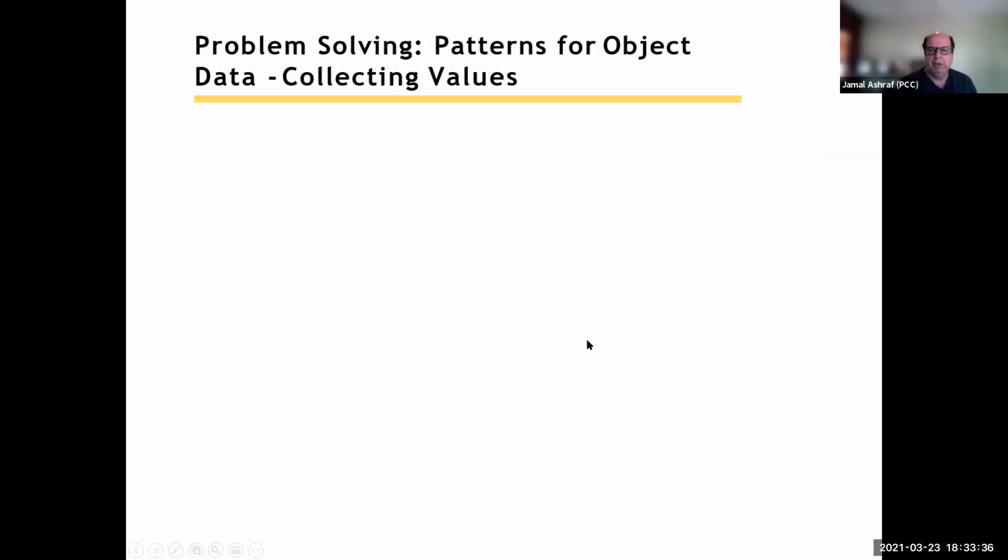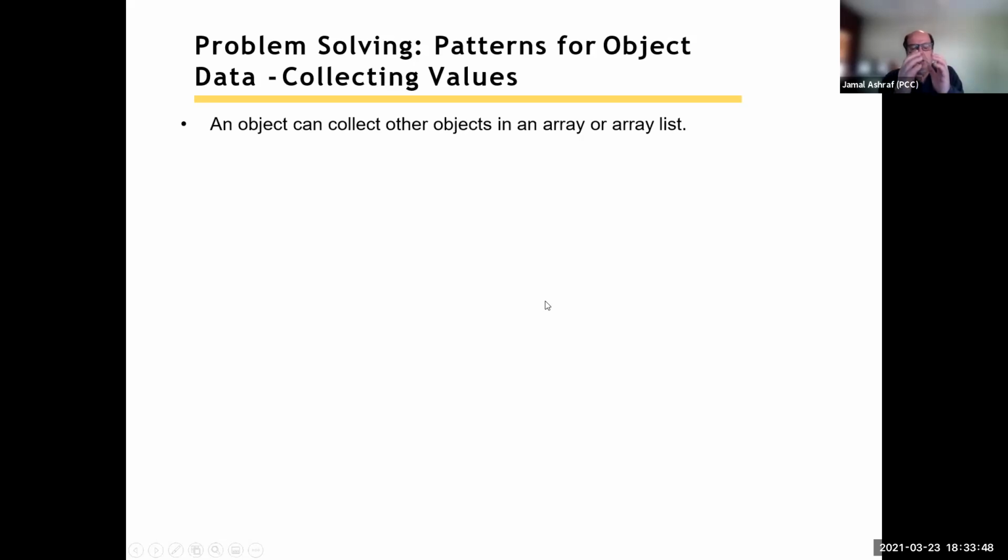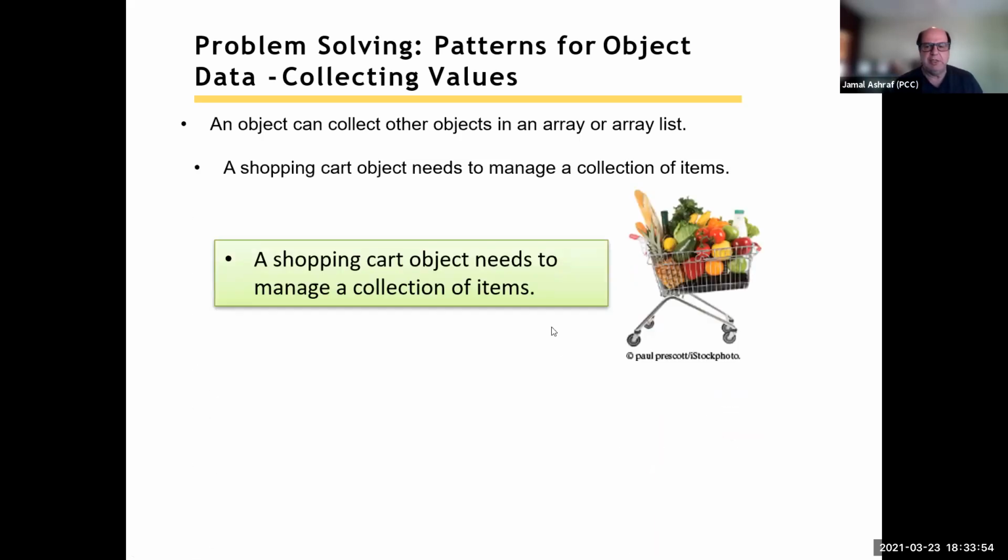We talked about counting, we talked about the total, now we're talking about collecting values. If I want to collect values, that means my object is going to collect other objects. A good example here is a shopping cart that's going to have other objects.